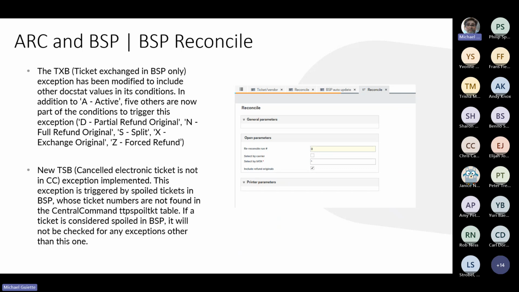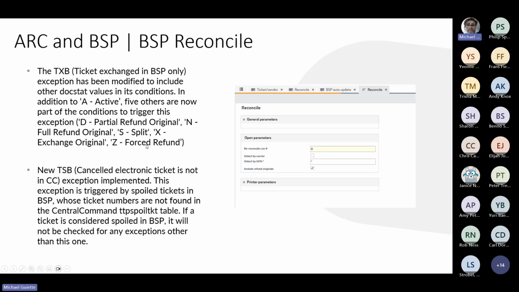So that's where we would see that the ticket wasn't in Central Command, because the status of the ticket that had been exchanged came up as a D for partial exchange, an N, an S for the original ticket, the X for exchanged original, or Z forced refund.